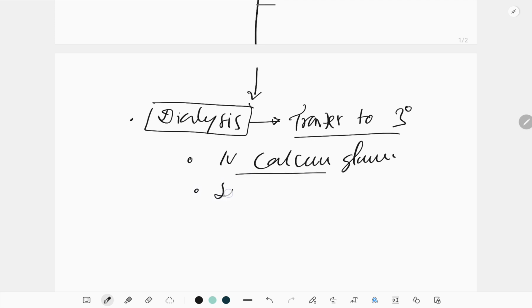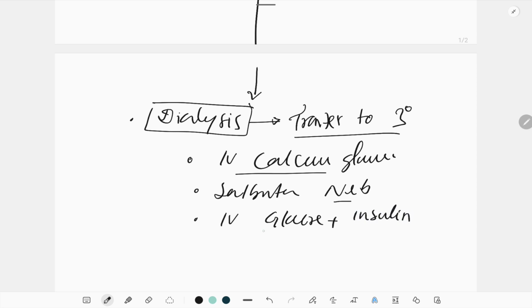Then salbutamol nebulization, and IV glucose plus insulin. We all know this treatment modality. If there is metabolic acidosis, we should go for IV bicarbonate.